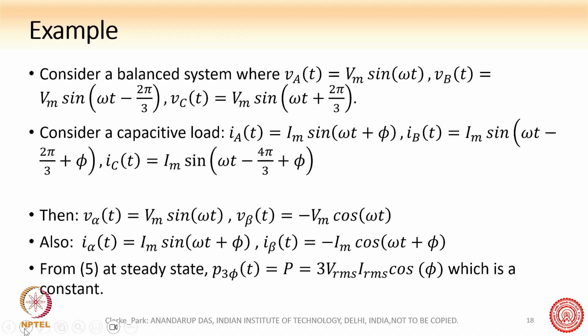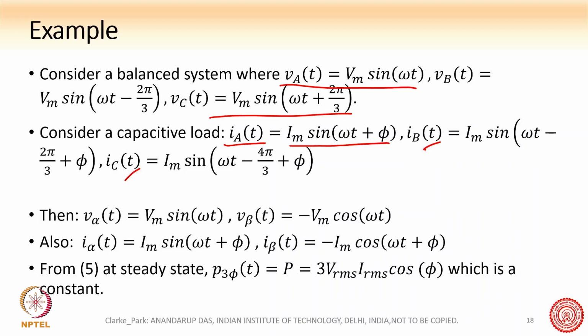Again considering a balanced system, we can see that VA equals Vm sin omega t, and VB is like this and VC is like this. Now considering a capacitive load, this is an example: suppose IA is Im sin(omega t plus 5), so I am taking a capacitive load, the current is leading the voltage, and IB is this and IC is this, again a balanced system.